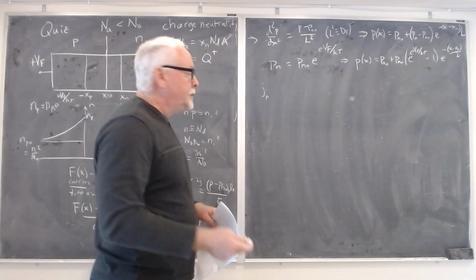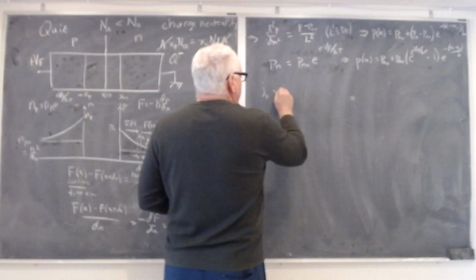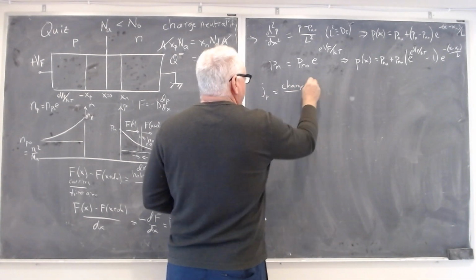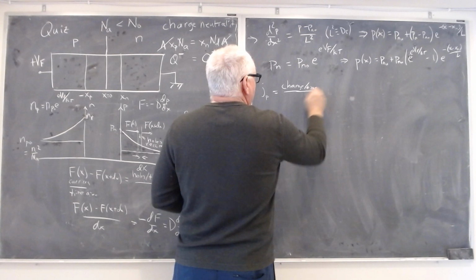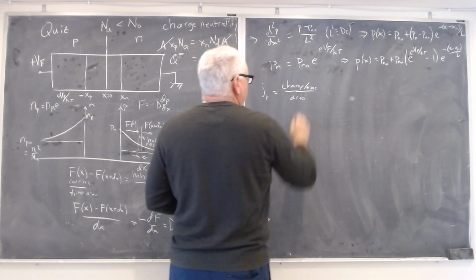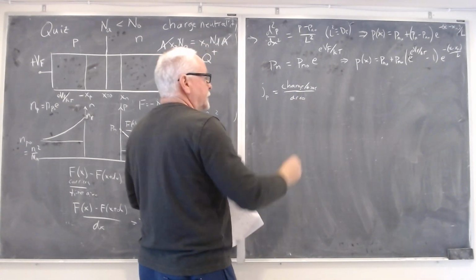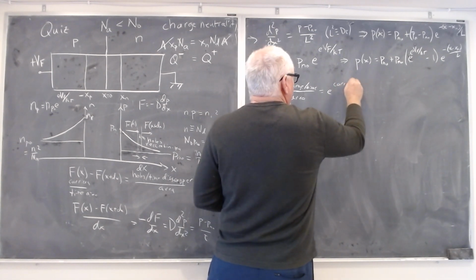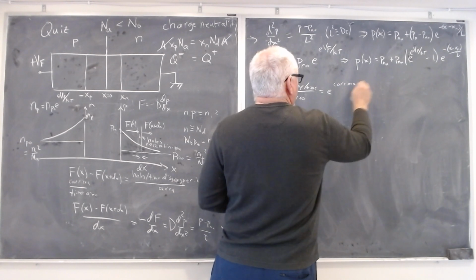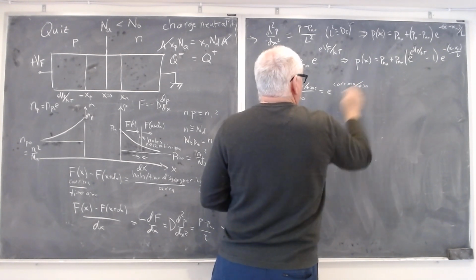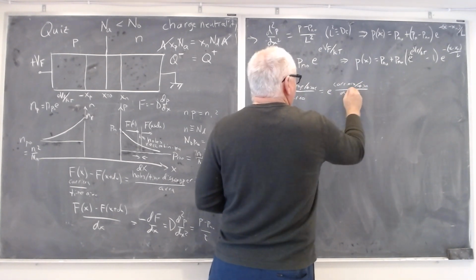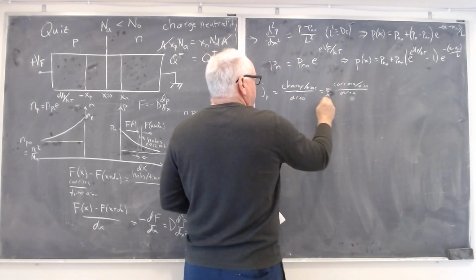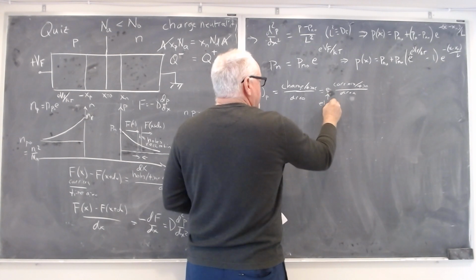Remember, J is charge per unit time per unit area, so that's just E times carriers per unit time per unit area. That's not an exponent, that's E, the electron charge.